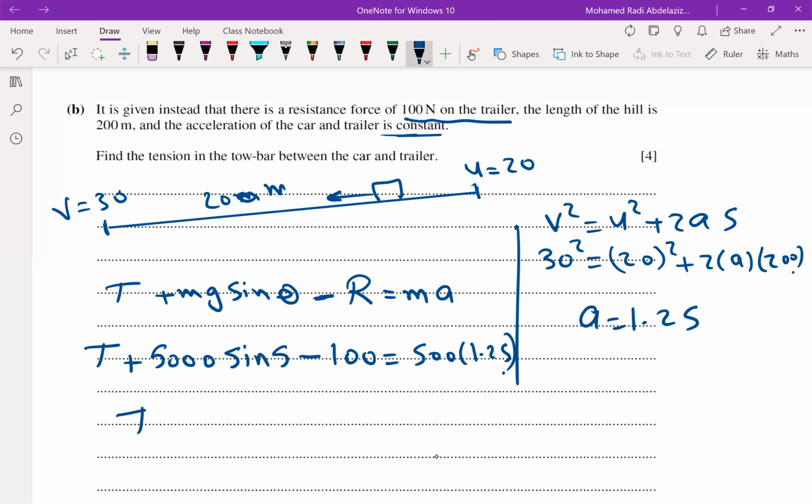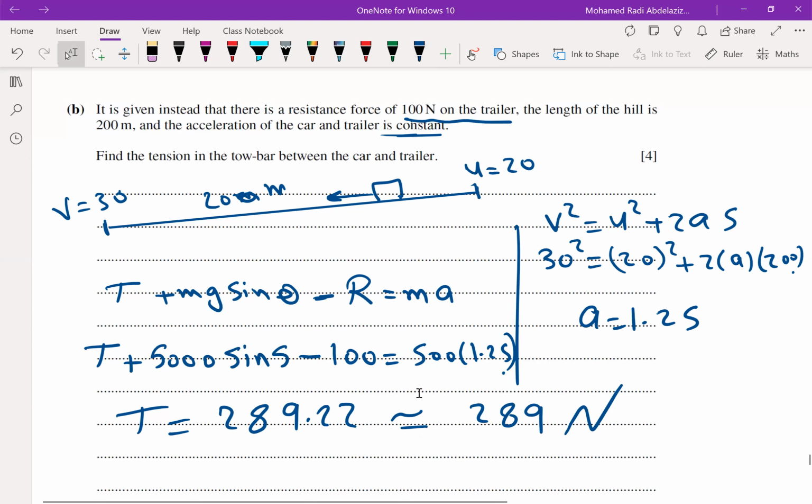So you can find the value of T. The value of T will be 500 times 1.25 plus 100 minus 5,000 sine 5. So the final answer will be 289.22. To 3 significant figures, you can write 289 Newton. This is the tension which he asked to find.